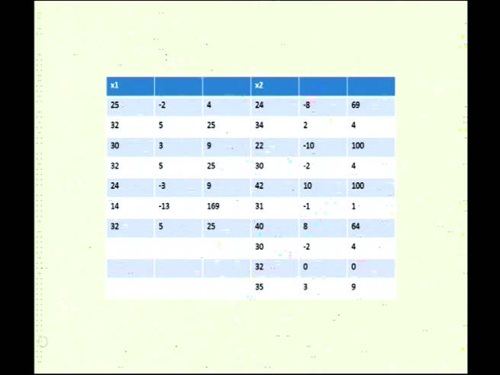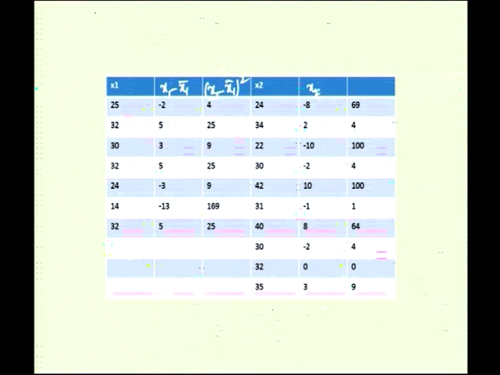Now, we have this tabular column. This value is x1, this is x1 minus x1 bar, and this is x1 minus x1 bar whole square. This is x2. All these are already calculated, but while doing the problem you have to calculate it. Then x2 minus x2 bar, then x2 minus x2 bar whole square.